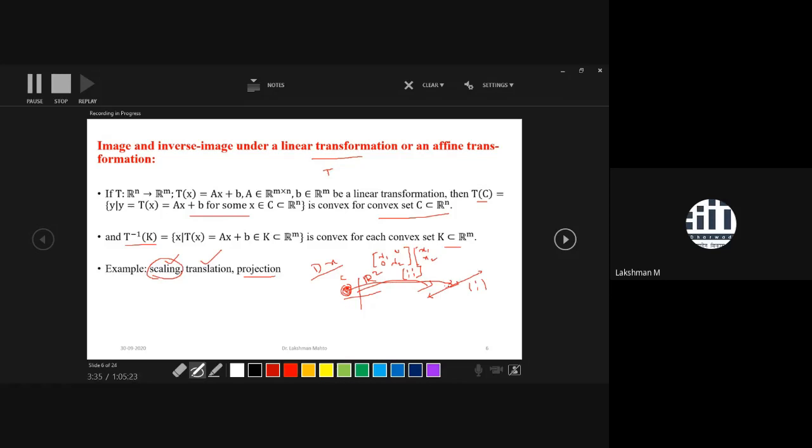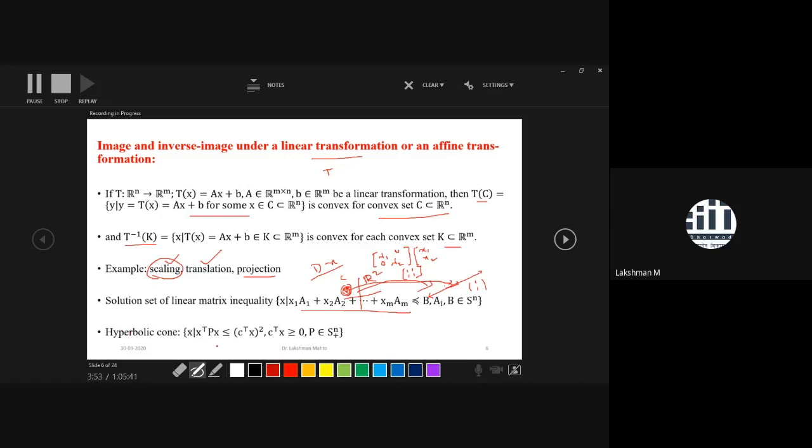All these are very simple linear or affine transformations which preserve convexity. Similarly, if you solve a matrix inequality, the solution set would again be convex. And if you define a hyperbolic cone, it also preserves convexity.